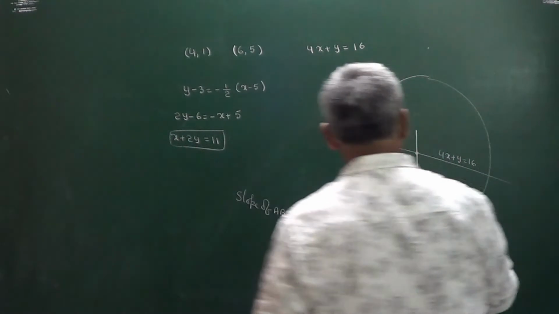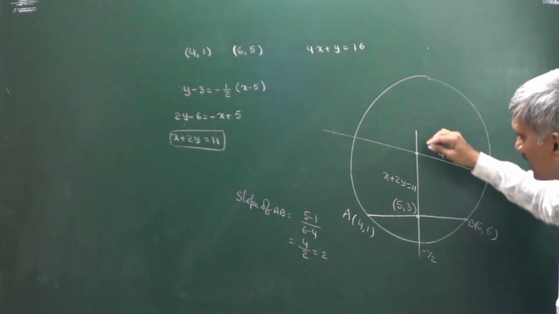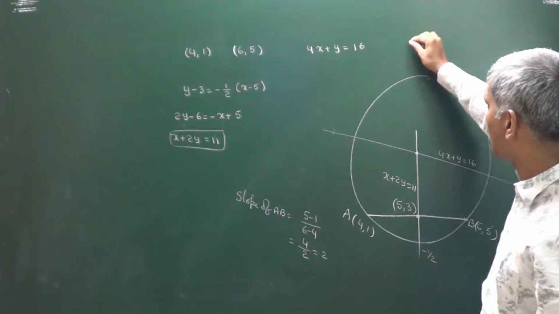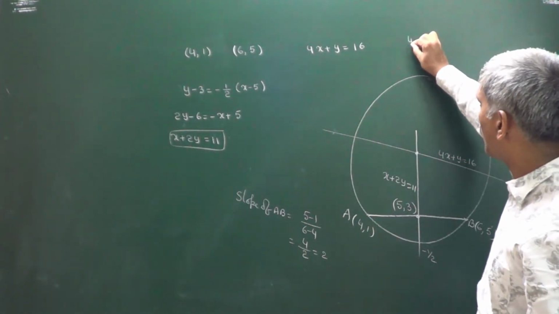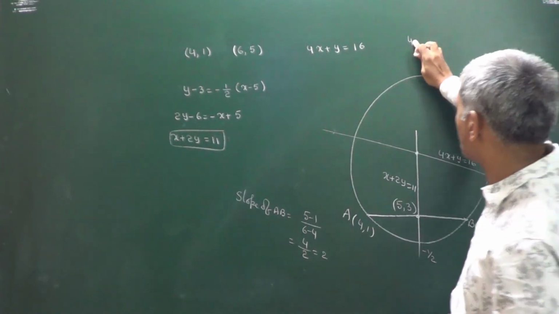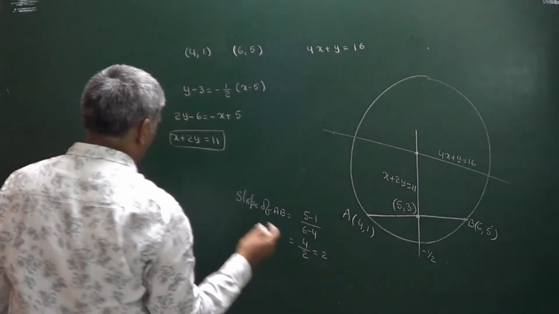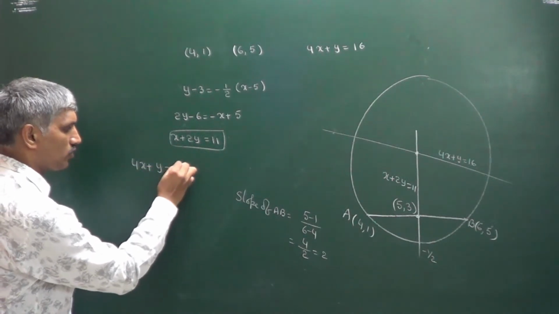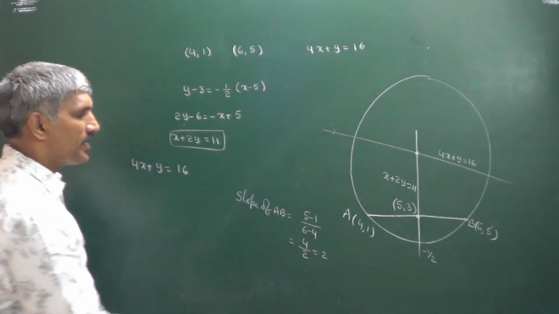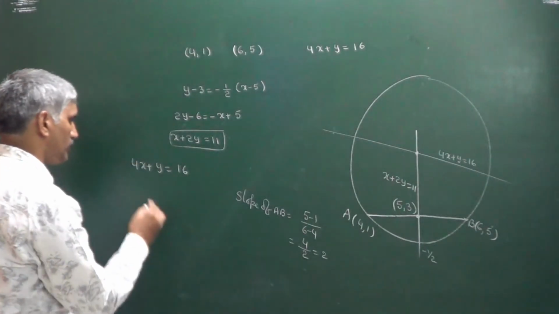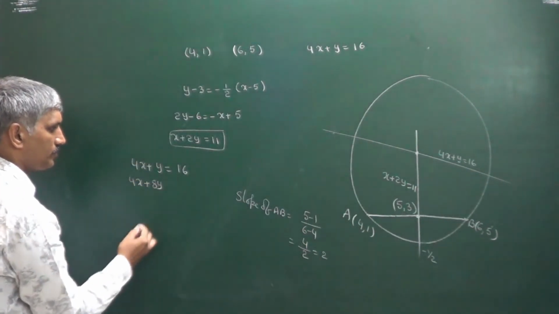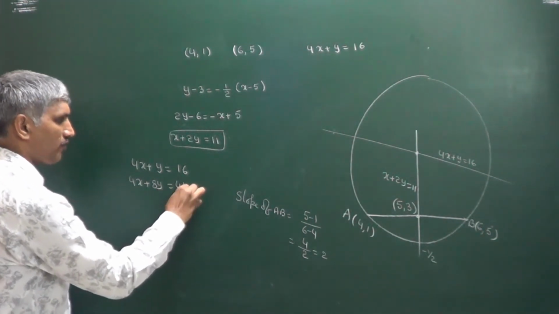Now if you solve these two equations, you will get the center of the circle, right? The first equation is 4x plus y is equal to 16. Second equation multiply with 4, then what happens? 4x plus 8y is equals to 44.